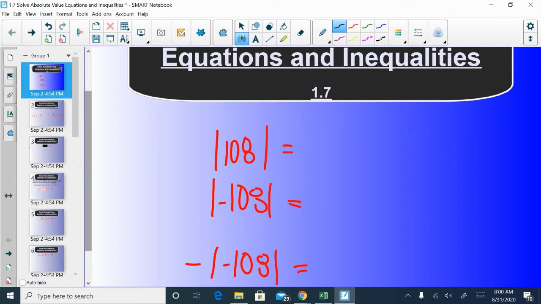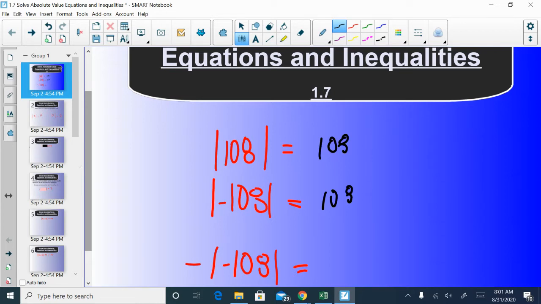And if it's a negative number, you make it positive. So if I ask for the absolute value of 108, the absolute value of 108 is 108. It's just the positive of that number. That number was already positive, so we're good. If I asked for the absolute value of negative 108, that answer would also be 108. You just take that number and make it positive.